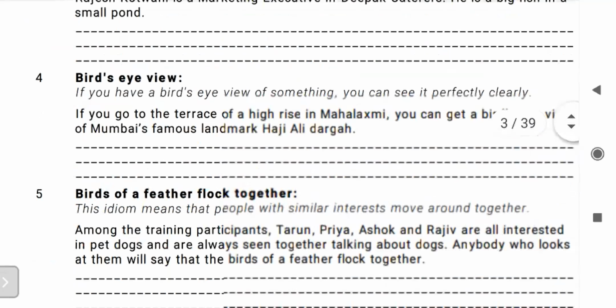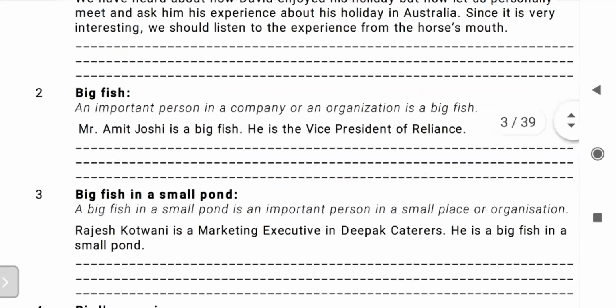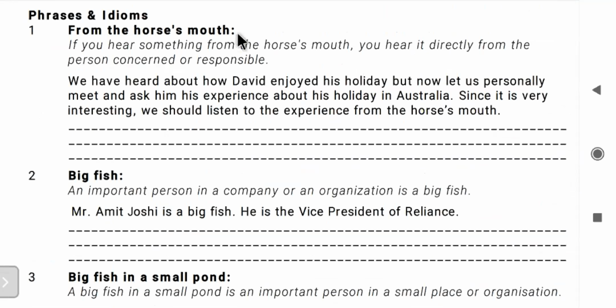But I also want you to look at some phrases and idioms. So I just want you to read this for me. From the horse's mouth. And what does it say? If you hear something from the horse's mouth, you hear it directly from the person concerned or responsible.